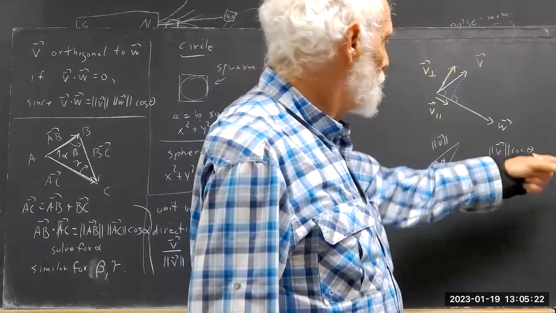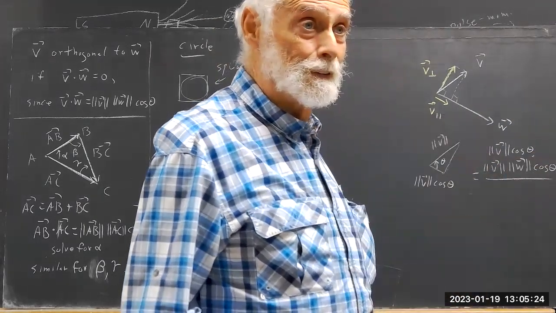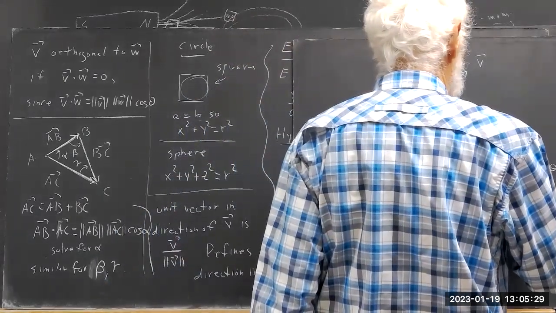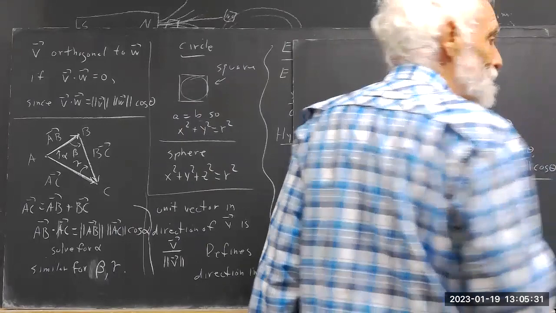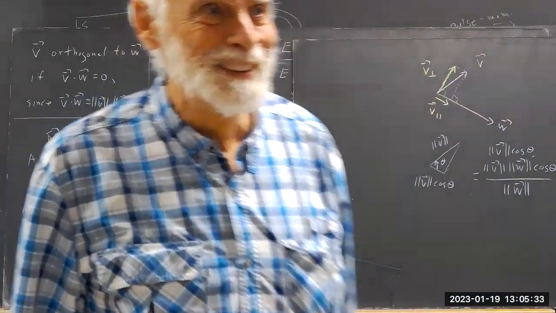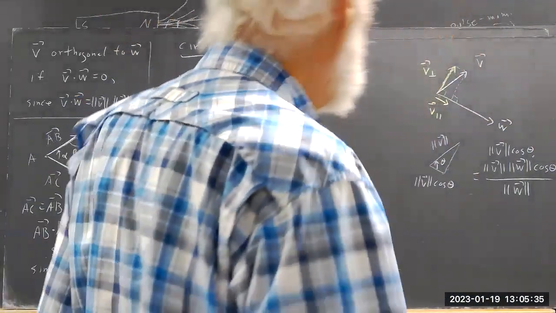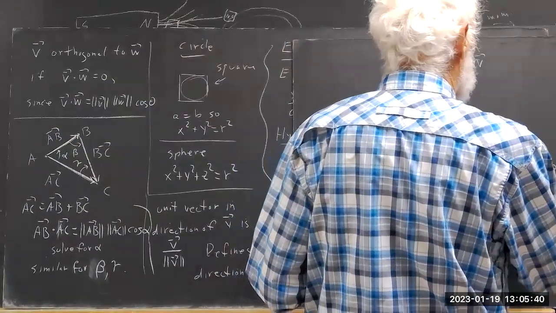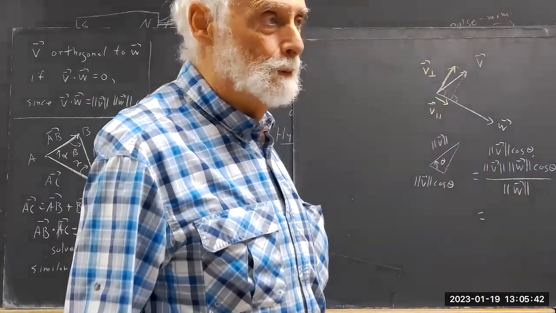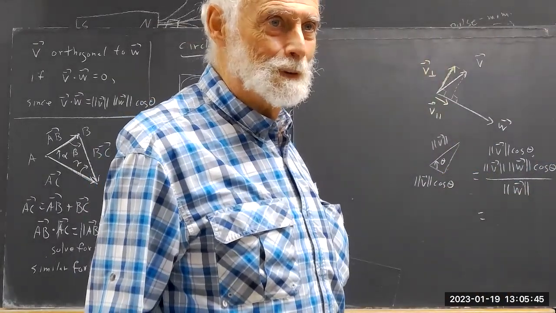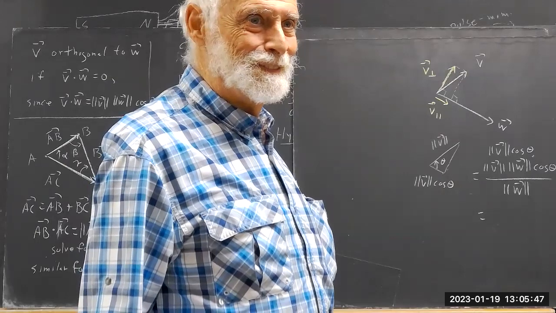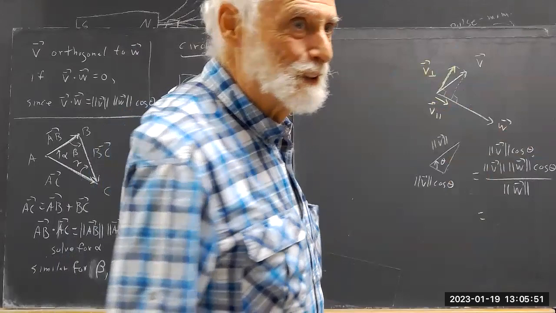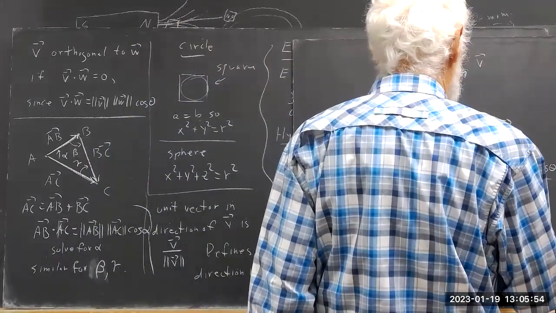What would you divide this by to get this? Yeah. Divide by the magnitude of W, right? Your eye knows that. Okay. And of course, what's this equal to? There's a gesture you can make that would indicate what it is. The gesture would be like dot product, right? This is the dot product.